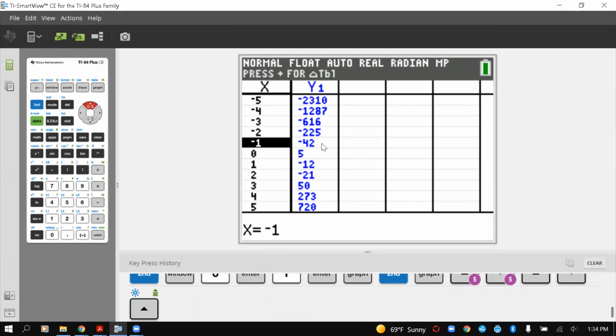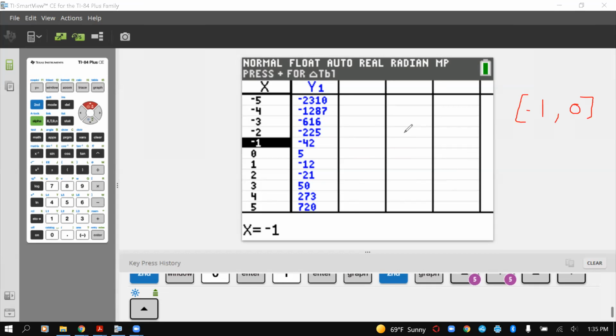It would be impossible to do that without passing through 0. You see that? There is a solution between -1 and 0. So that's one. One solution is between -1 and 0, because between -1 and 0, it switches from negative to positive.